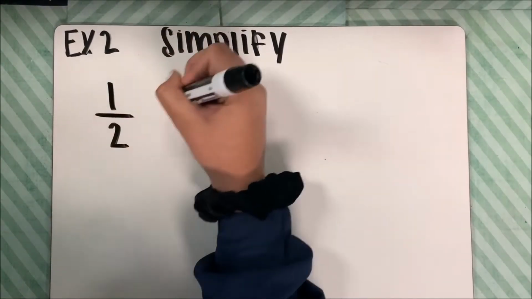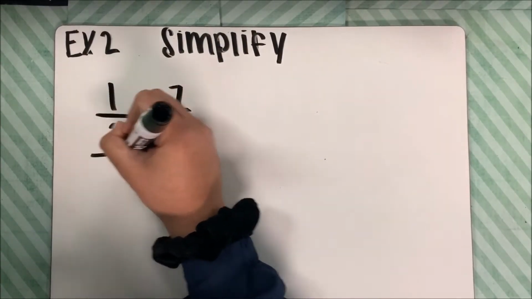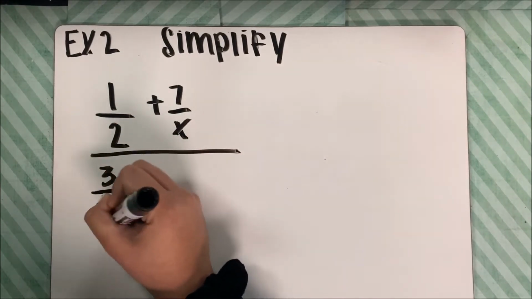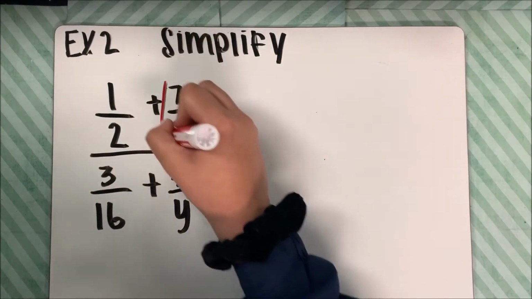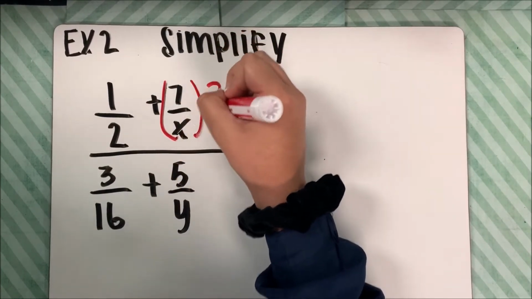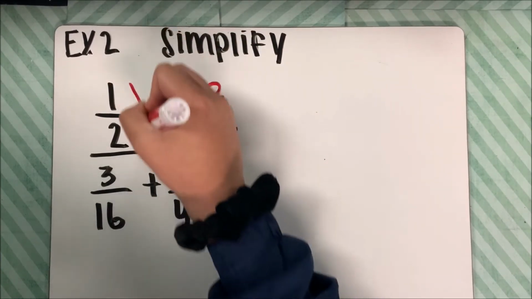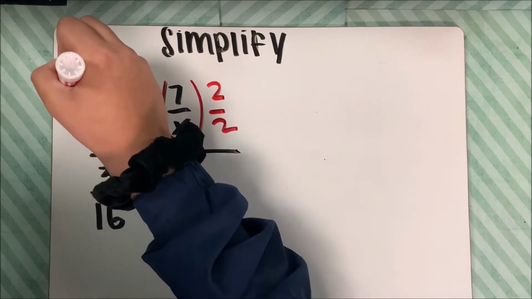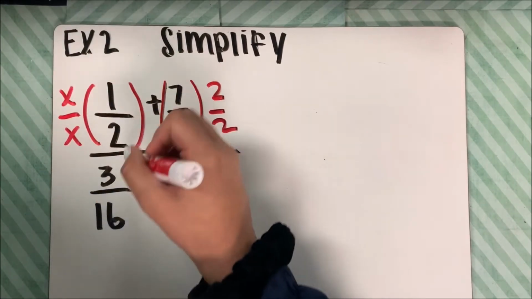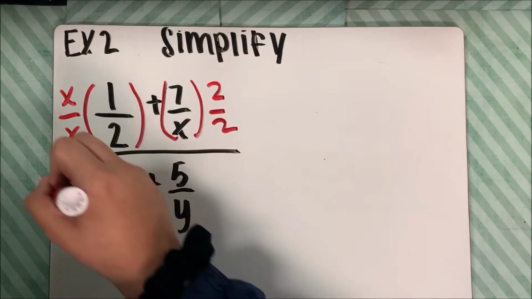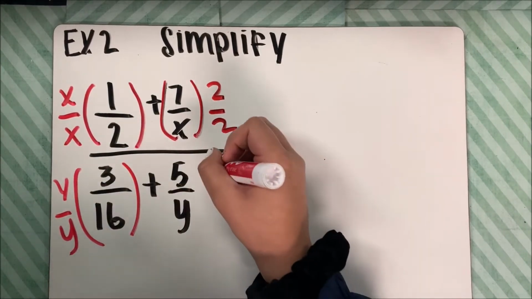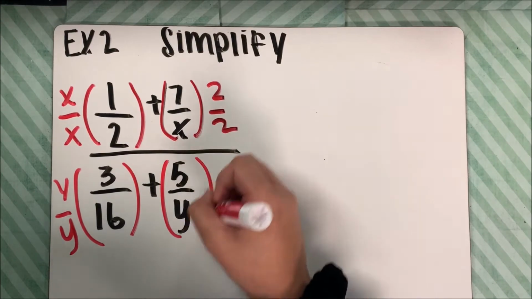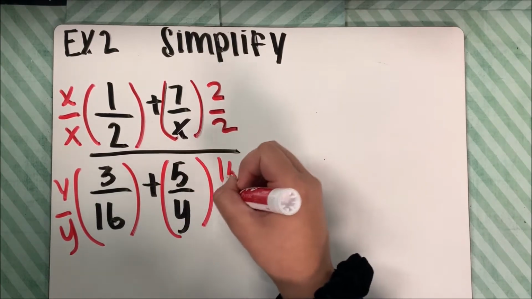In example 2, we're going to simplify 1/2 plus 7 over x over 3/16 plus 5 over y. We want to get common denominator, so we're going to multiply this side by 2 over 2, this side by x over x. Same with the bottom, so we're going to multiply this side by y over y, and this side by 16 over 16.